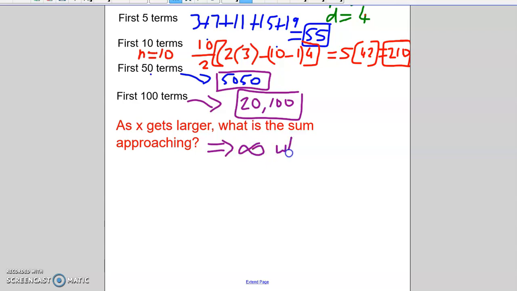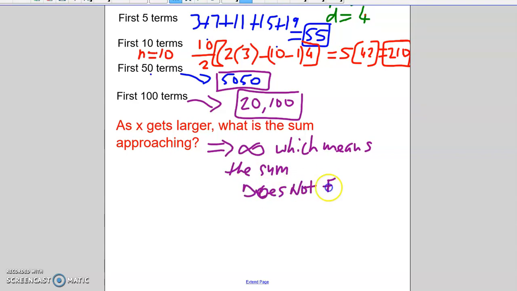And we can also just say that this means the sum does not exist. And we can write that in shorthand form as DNE, does not exist.